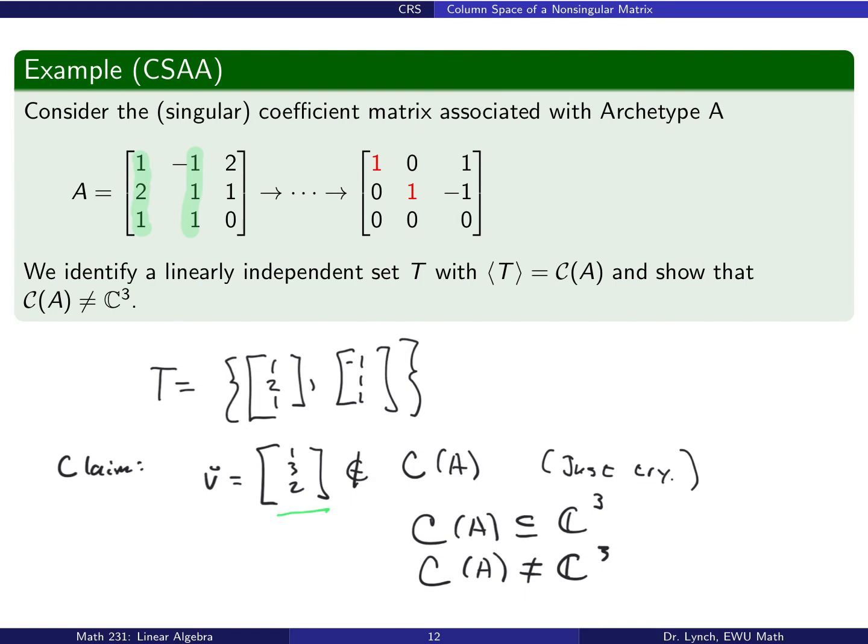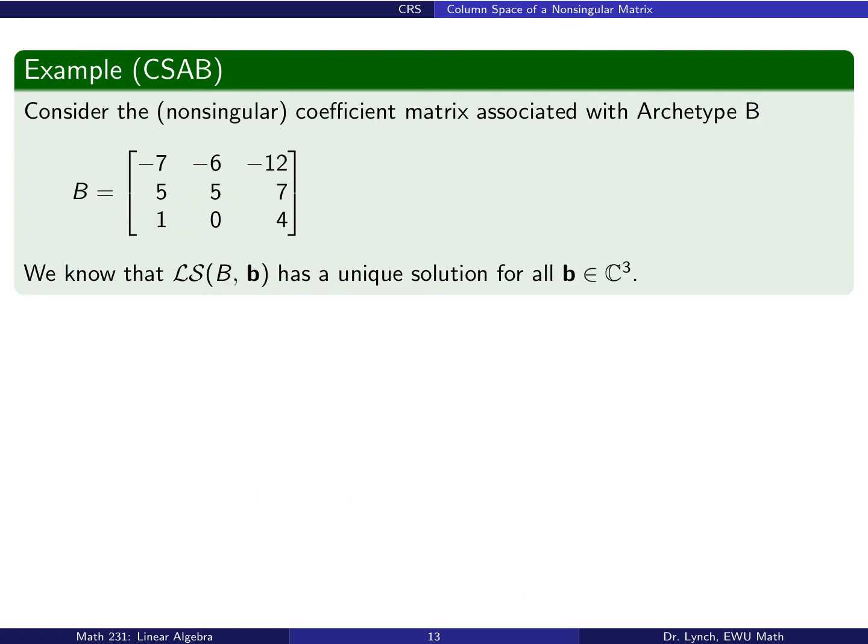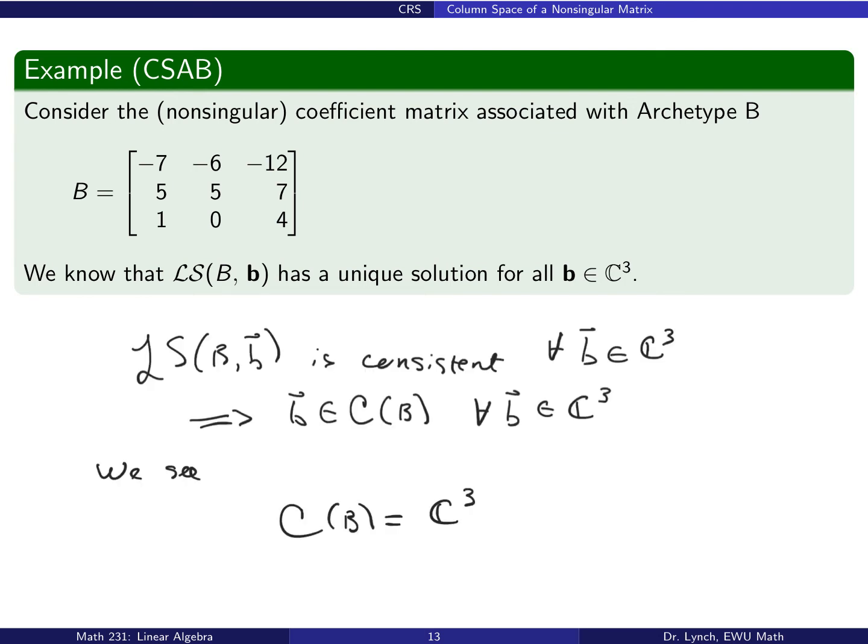On the other hand, with the non-singular coefficient matrix B associated with archetype B, we know that the linear system has a unique solution for all b in C3.